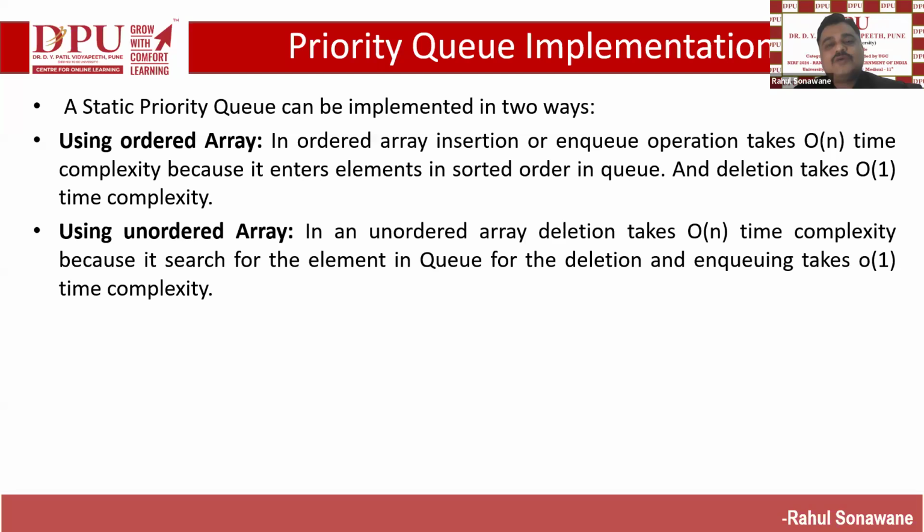Why? Because you have to select a particular element among the remaining n minus 1 in order to delete it, right? So obviously we need to go and search for it. We need to find the particular element to be deleted from the queue. So it is going to take n iterations, or you can say it consumes big O of n time complexity.